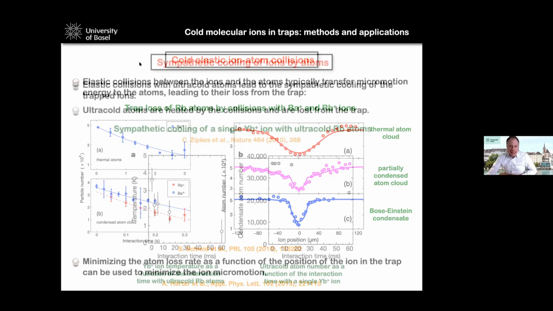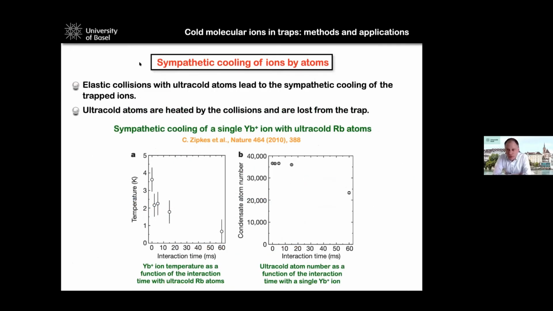Okay, so these elastic collisions can also be used for sympathetic cooling of the ions by the atoms, because these atoms are nothing else than a buffer gas, a cold buffer gas, in which you immerse a typically hotter ion. By collisions of the cold buffer gas with the ions, you can cool the ions, and that is shown here in this work by Michael Köhl's group from a bit more than 10 years ago, where they determined the ion temperature as a function of the interaction time.